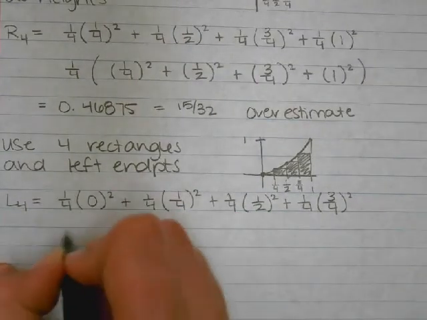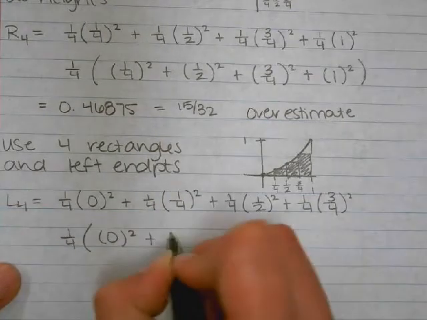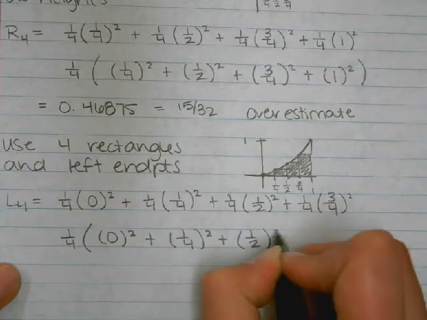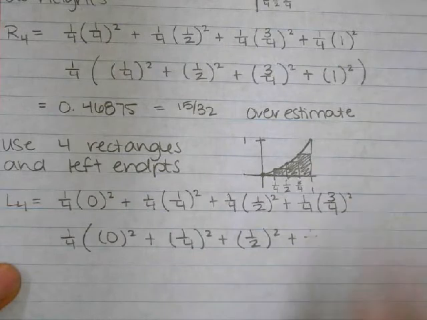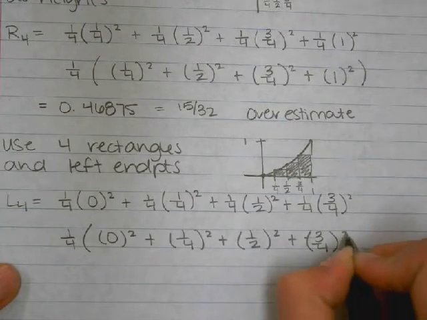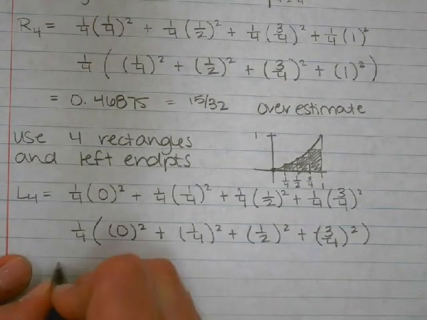So if I want to calculate this and plug fewer numbers into my calculator, to make my life a little bit easier, I can take out that 1/4 that was in front of all of these sets of parentheses and put it in the front. And that makes my life a little bit easier when I plug it in my calculator.